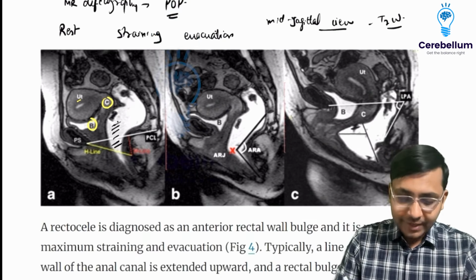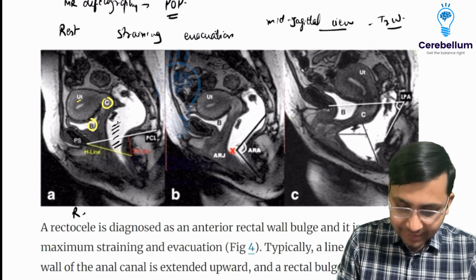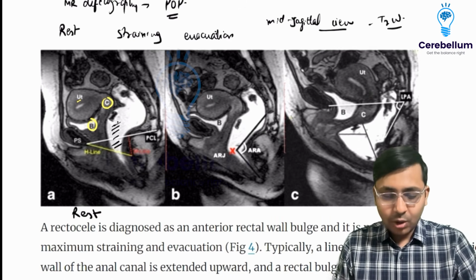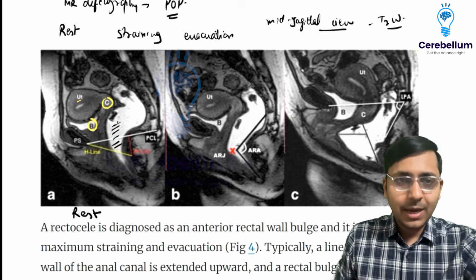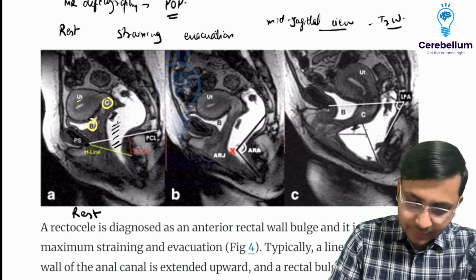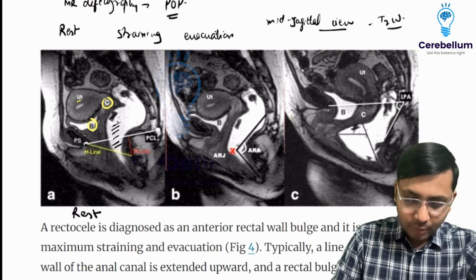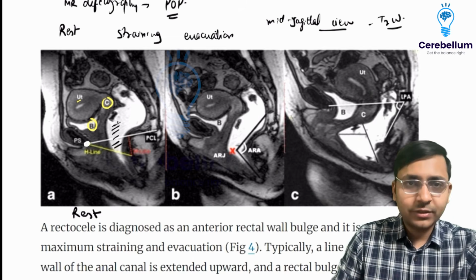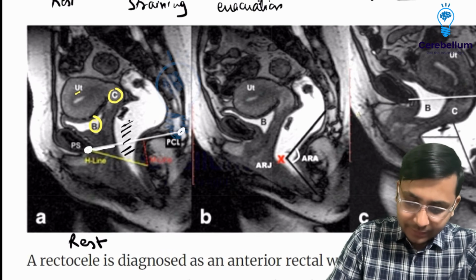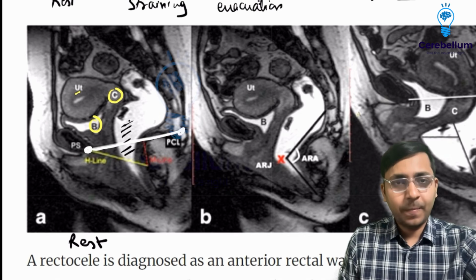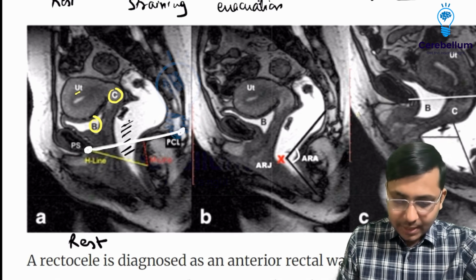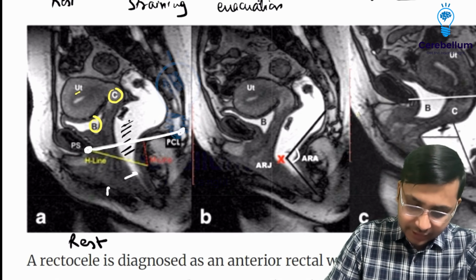So in the first phase, in the A image, you can see this is the one at rest. And what are the landmarks that we mark here? This is the pubic symphysis, and this is the lower border of the coccyx. So from pubic symphysis to the lower border of coccyx, we draw a line. This is the pubococcygeal line, right? And this is the anorectal junction.